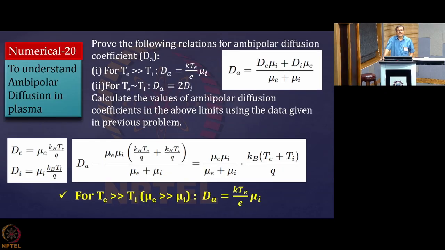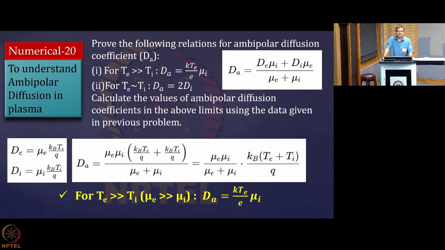Now regarding the ambipolar diffusion coefficient, this D_A is another problem, numerical 20, where we want to prove the relation for the ambipolar diffusion coefficient, which is D_A equal to (D_e mu_i plus D_i mu_e) by (mu_i plus mu_e).